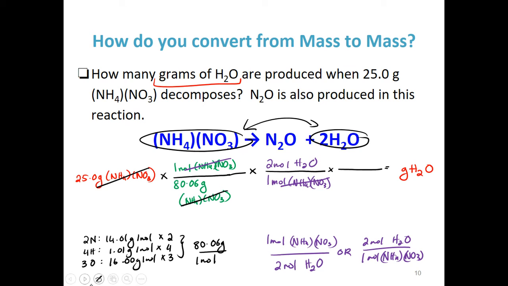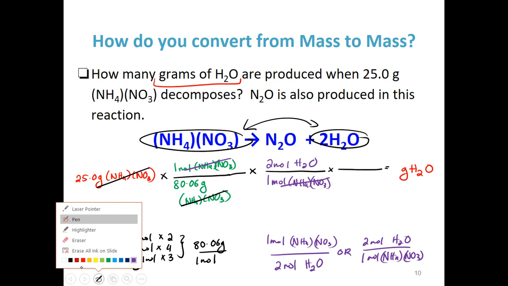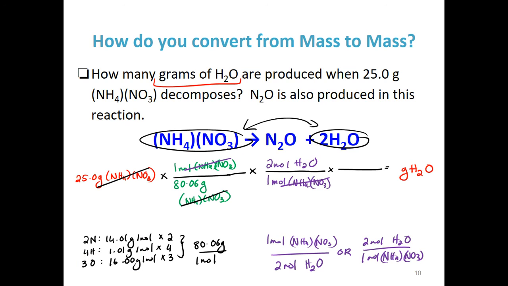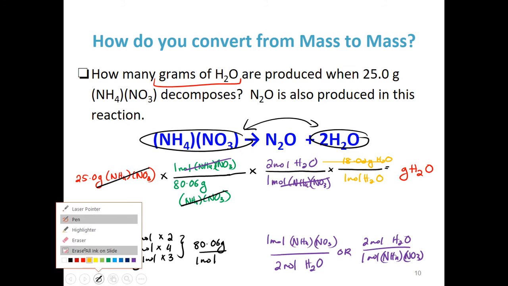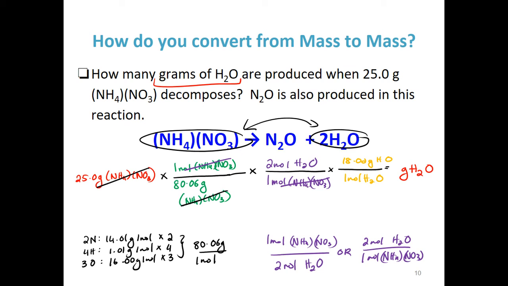One more step to get to mass of water, which is a step that you already are so familiar with, you have to use the molar mass of water, which is going to be 18.02 grams of H2O over 1 mole of H2O. 1 mole of H2O is on the bottom because we want moles to cancel out and we want to end up with grams. Okay, so moles of H2O cancel out. Look at all the nice unit cancellation.